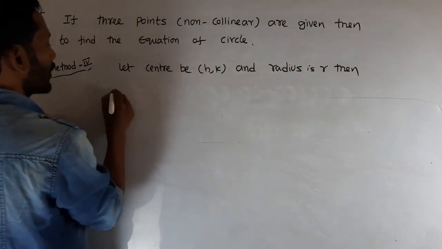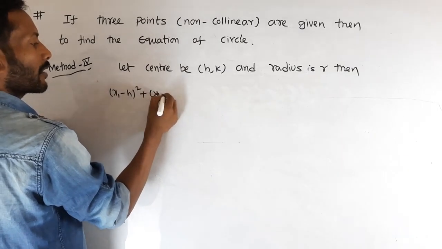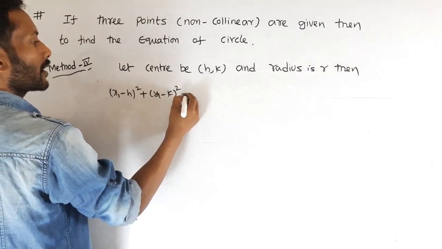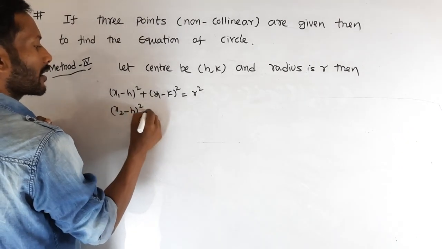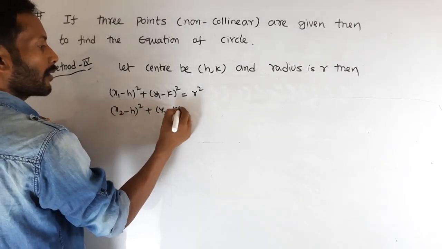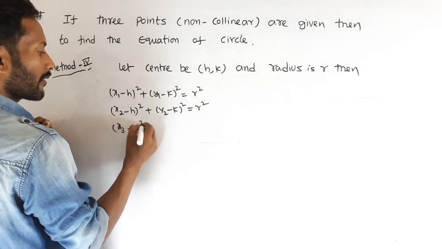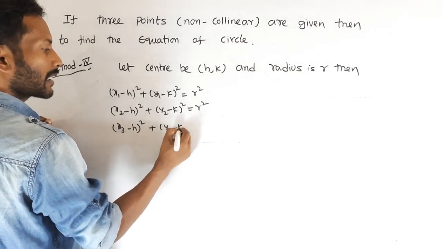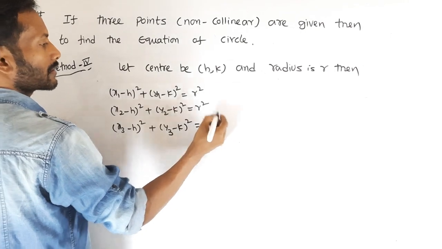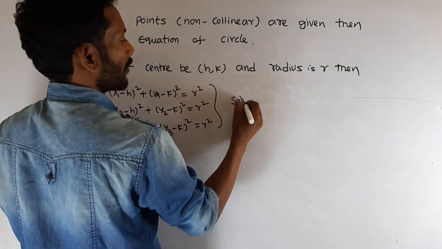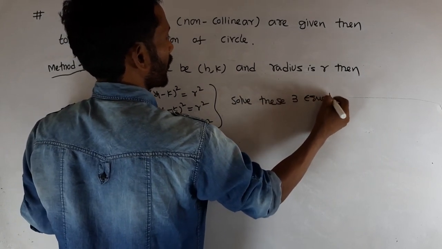Then x1 minus h whole square plus y1 minus k whole square equal to radius square. x2 minus h whole square plus y2 minus k whole square equal to r square. x3 minus h whole square plus y3 minus k whole square equal to r square. Now solve these three equations.